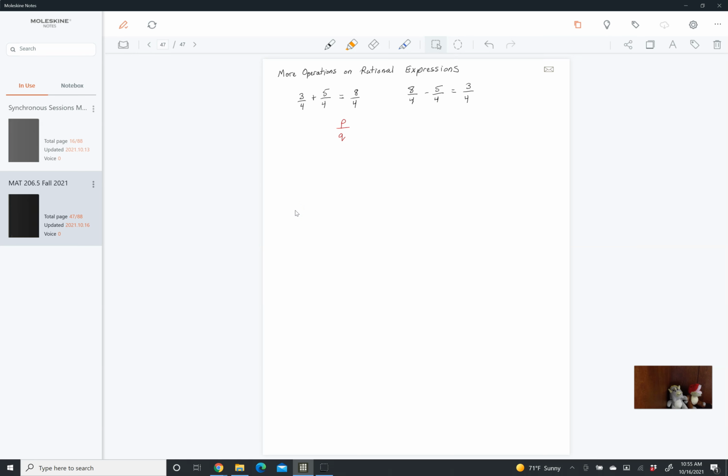where Q is the size of the piece. Imagine cutting a pizza pie. So the Q would represent the size of the slices, and the P would represent the number of slices.